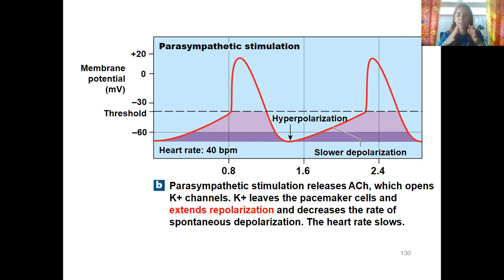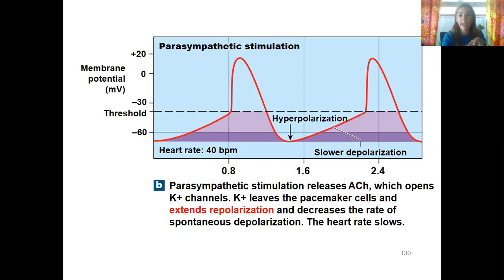If you extend repolarization, then you are going to decrease the ability to have another action potential. It's going to be slower, and so the heart rate is going to slow down. That is how the parasympathetic stimulation will alter the levels of depolarization and repolarization.